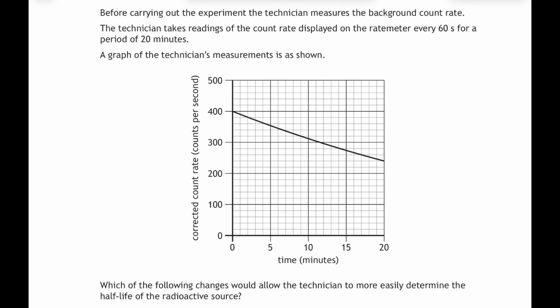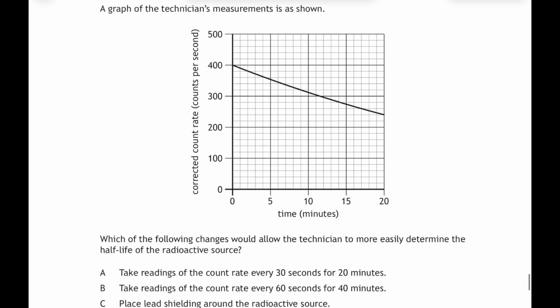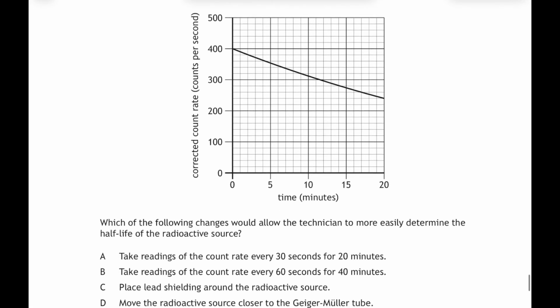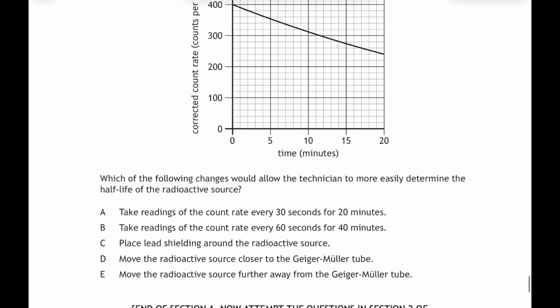of the radioactive source. Well, the graph is showing us the corrected count rate as it was measured over a time of 20 minutes. And 20 minutes isn't enough for that corrected count rate to fall from its initial value down to half its original value.